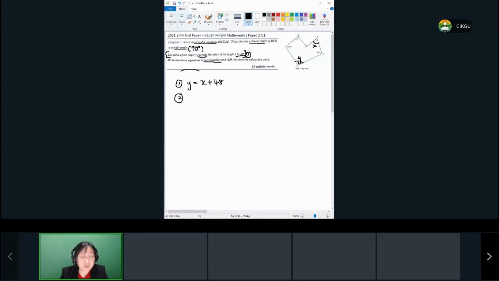So the second equation, for those who can see, I hope you can. They told you this is a hexagon. And in the formula sheet, there is a formula. Sometimes the equation can come from the formula sheet. The formula sheet has one formula that says the sum of interior angles in a polygon.